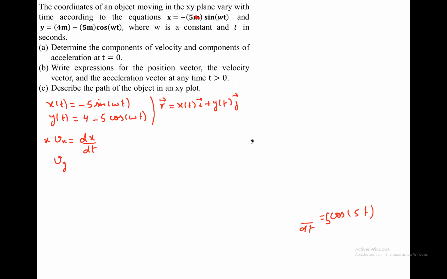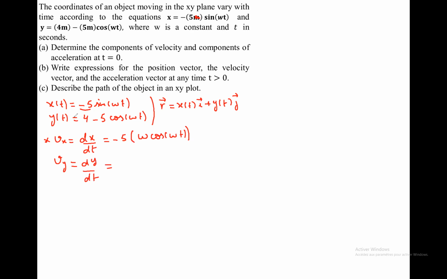Let's continue. Vx equal dx over dt equal minus 5, here we have a constant, minus 5 omega cosine omega t. Okay, this is Vx. Vy equal the derivative of the y component, dy over dt.